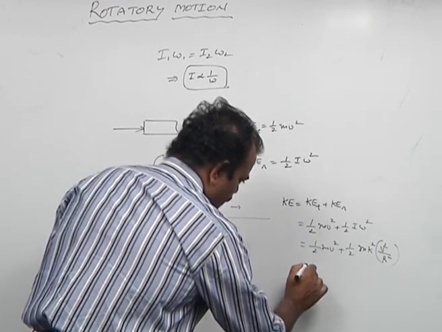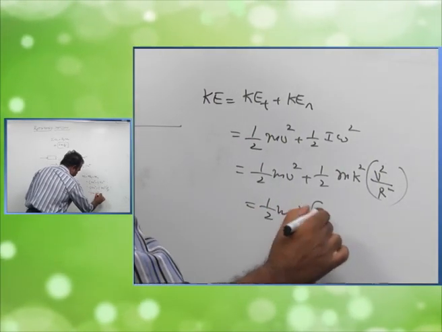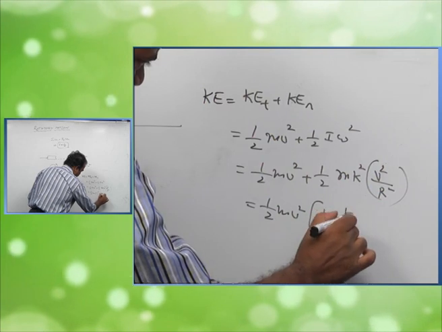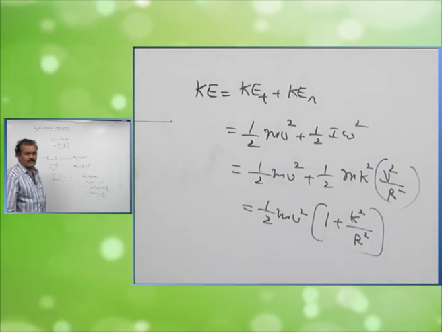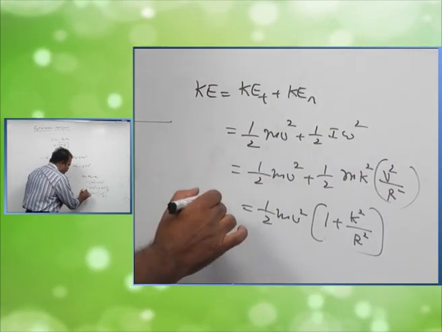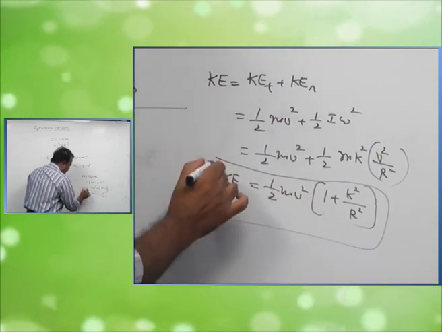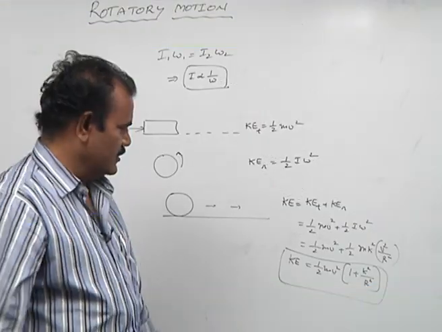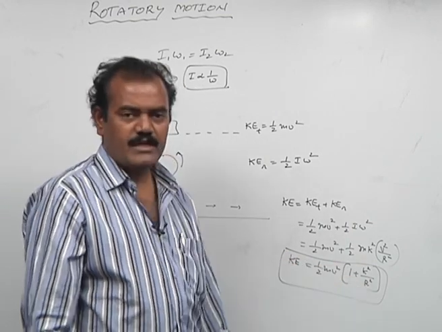When you take half mv square as common, it becomes half mv square of 1 plus k square by r square. Already you know k is the radius of gyration. So this is the KE of the rolling body, which has both translatory and rotatory motion: KE is equal to half mv square of 1 plus k square by r square.